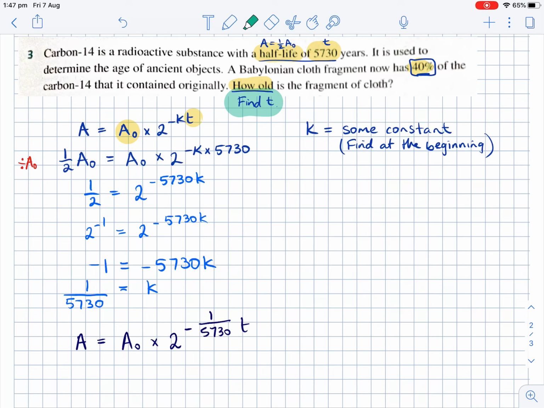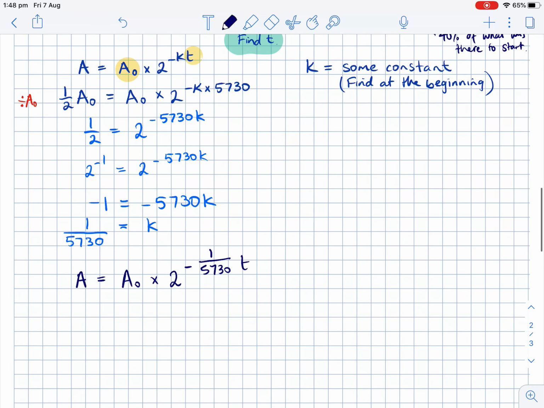The other piece of information that I haven't used yet is this 40%. So 40% of the material is still left. So 40% of the original amount, 40% of what was there to start. Okay, so 40% of what was there to start simply means 40% of the initial amount.